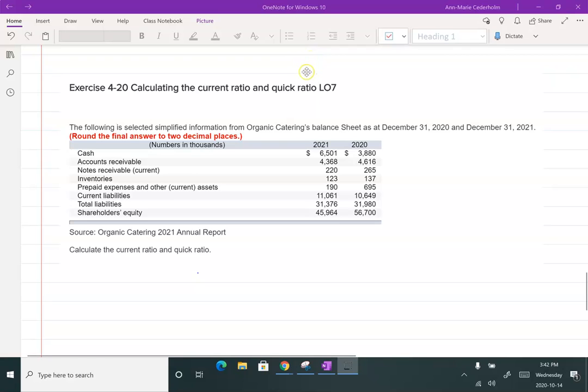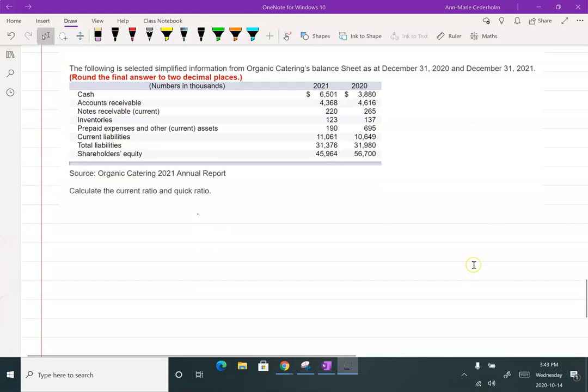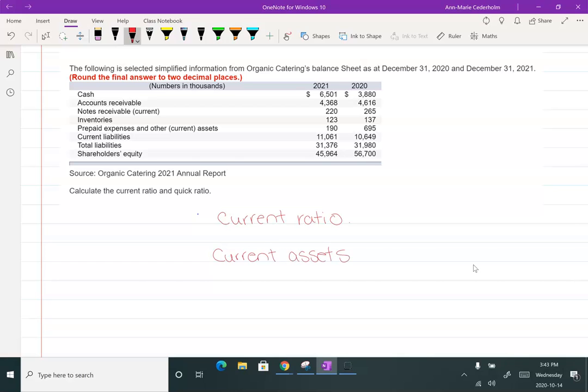In this video, we're going to calculate the current ratio. So first, we'll just write down what the current ratio is. The formula is your current assets divided by your current liabilities.